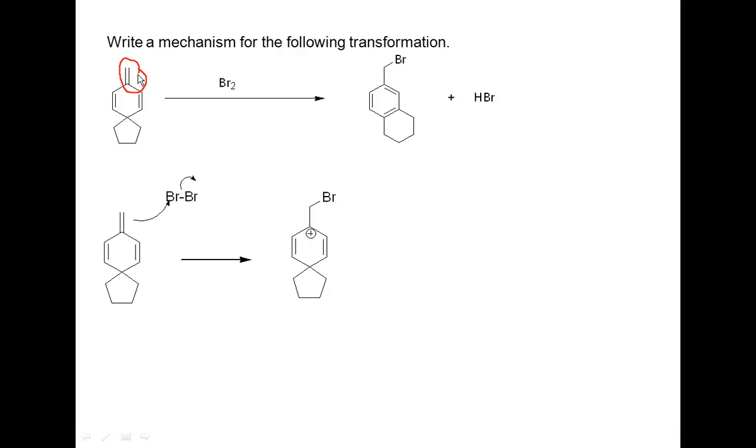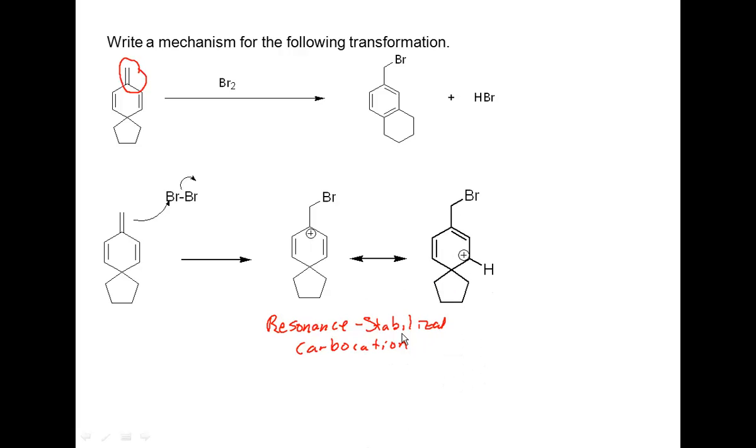Now, once you have the carbocation here, of course, this is a resonance stabilized carbocation. We can draw a resonance structure that we draw for any allylic carbocation, the resonance structure shown here.